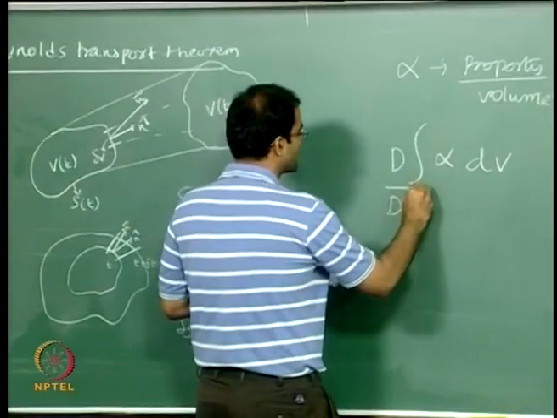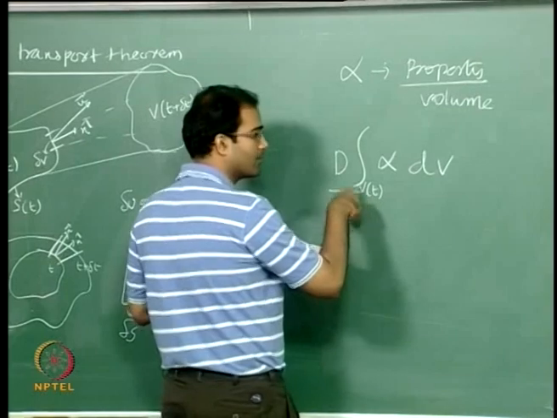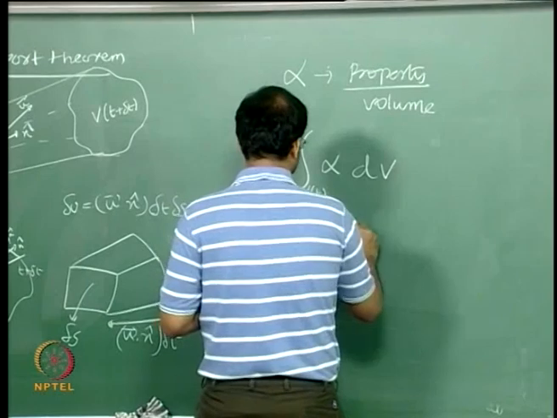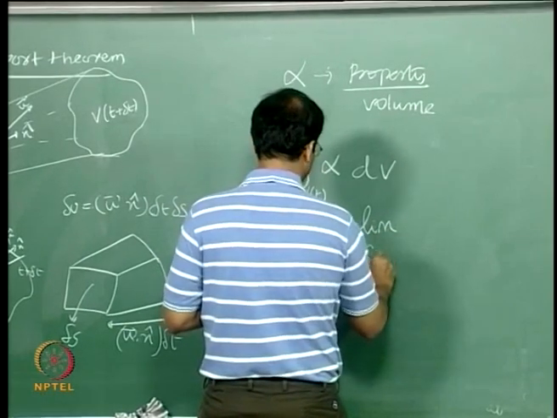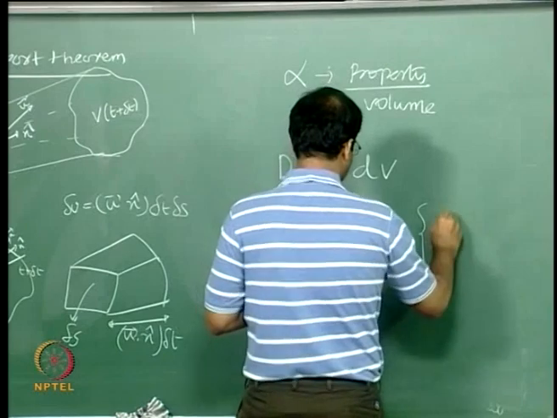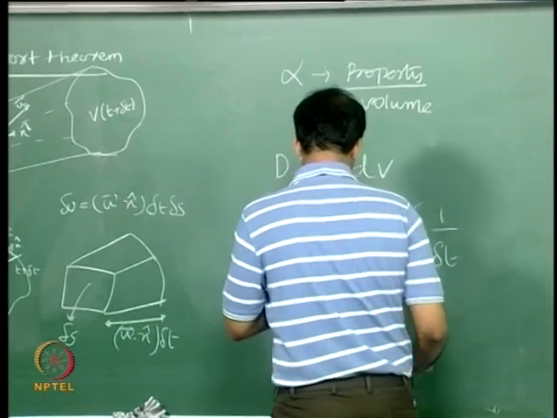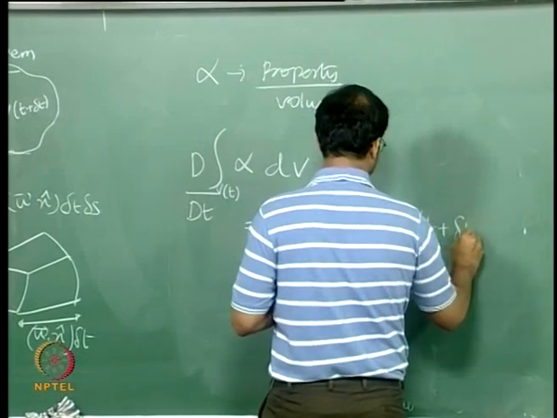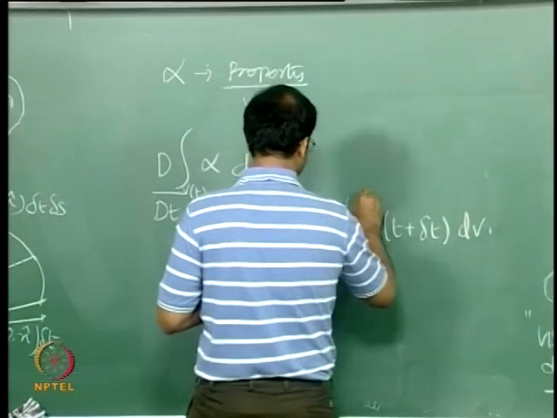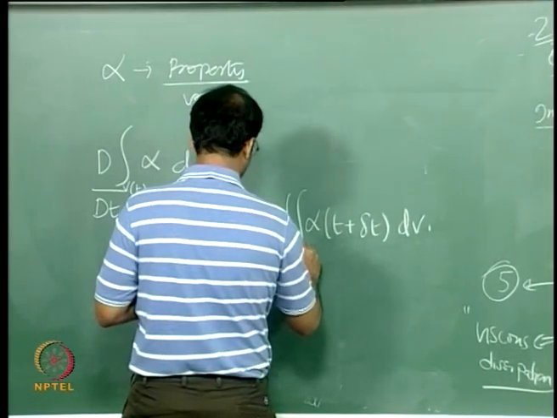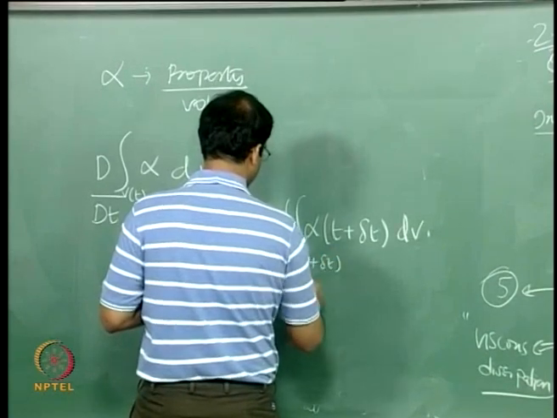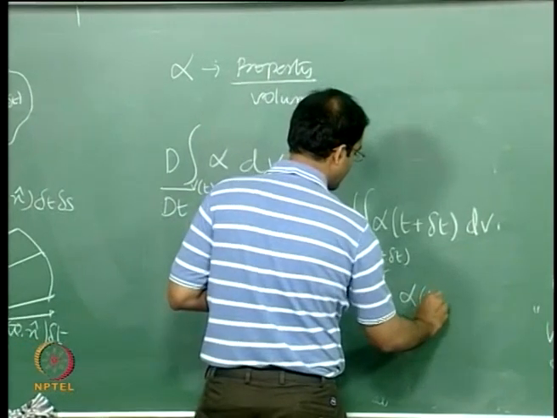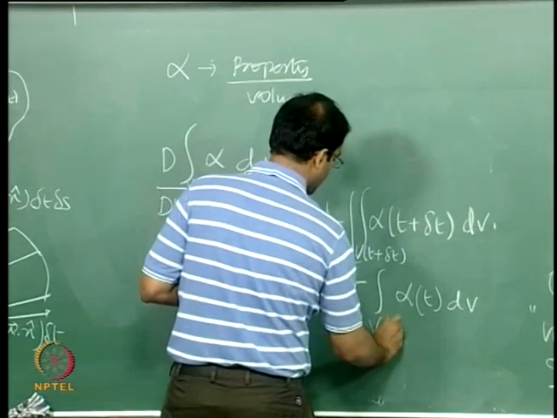This is the rate of change of property over this control volume V. I can express this as the limit delta t going to 0 of 1 over delta t into the integral of the property at time t plus delta t, over the volume at t plus delta t, minus the integral of this specific property at t, corresponding to the volume at t.